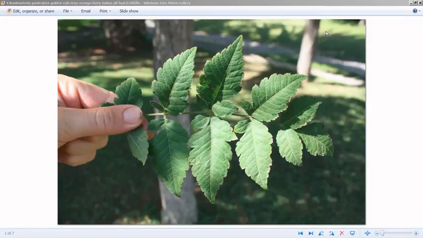One is Koelreuteria paniculata, or the golden rain tree. This plant has orange flowers and furry undersides under the leaflets, as you can see right here.